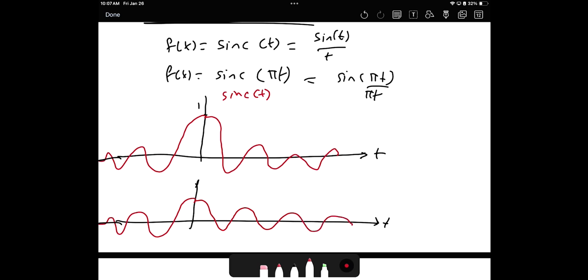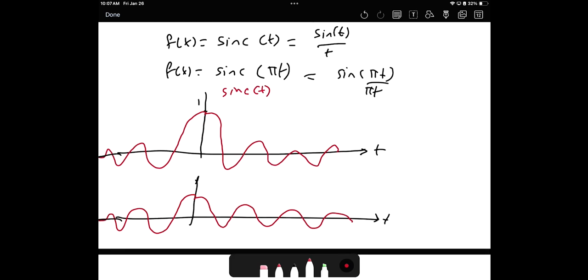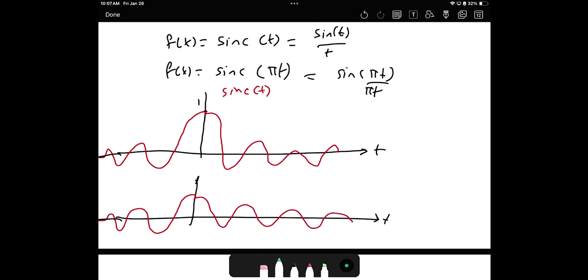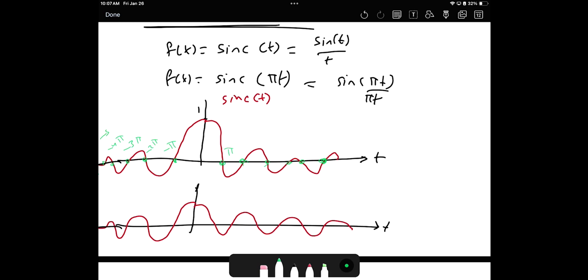So almost the same thing. But now our concern is the zero crossing. I mean by zero crossing is this point, this point, this point. How can I know this zero crossing? For the normal case, it will be here at pi, negative pi, negative 2 pi, negative 3 pi, negative 4 pi, and the last one negative 5 pi.